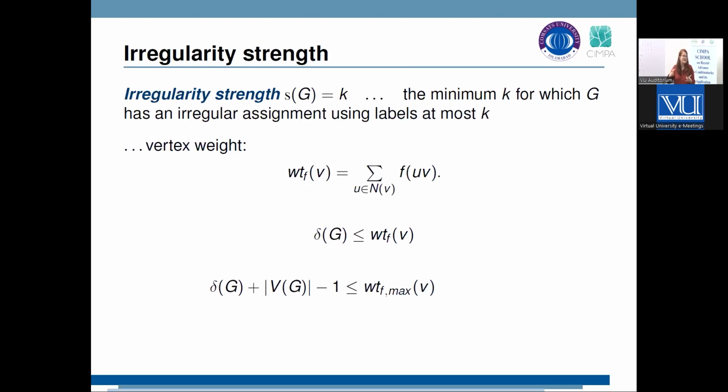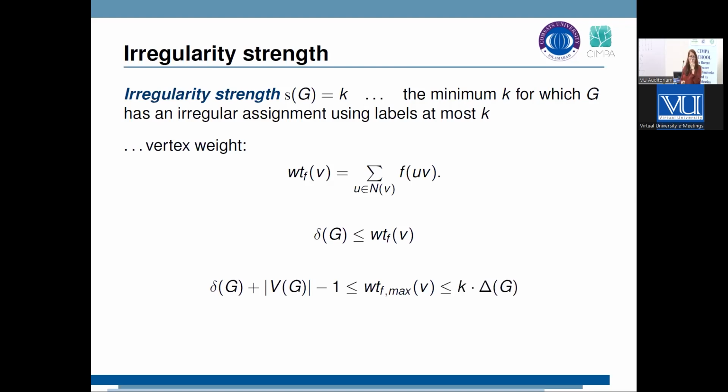Sometimes I will say the word degree or weight, but I think of them as the same. Okay, so how many vertices do we have? So we have delta G plus 1, delta G plus 2, and so on. And the maximal vertex weight must be at least the minimum degree of the graph plus the number of vertices in the graph minus 1. So this is a trivial lower bound.